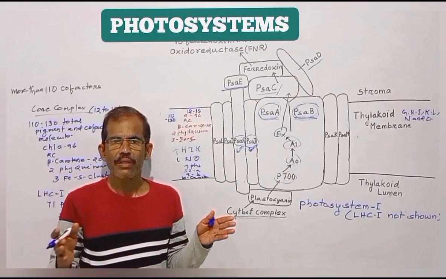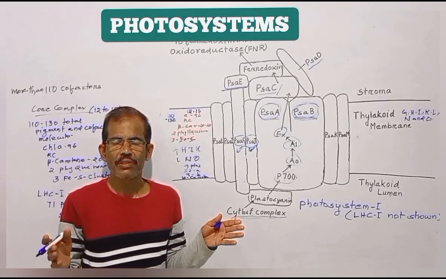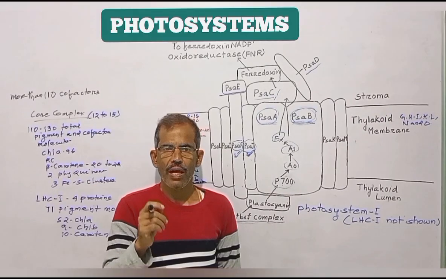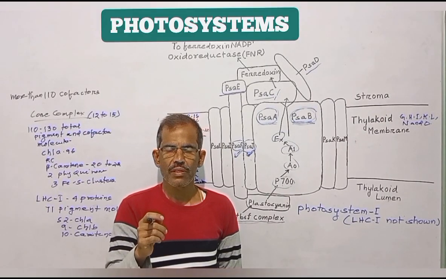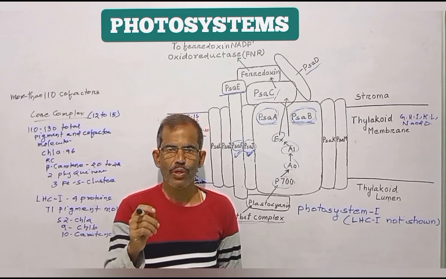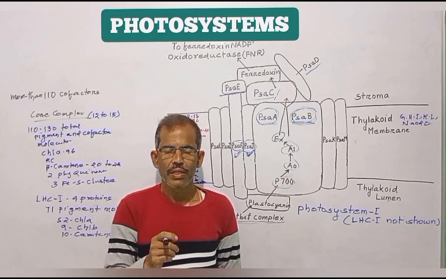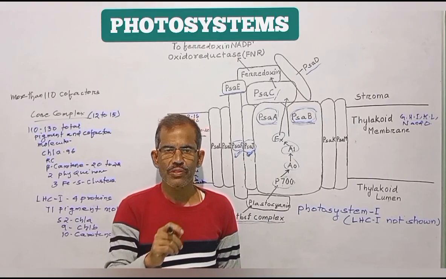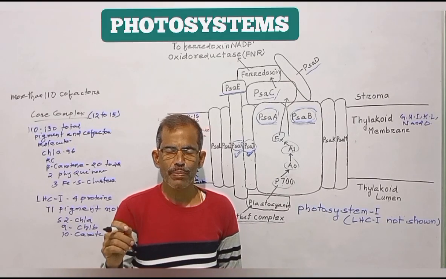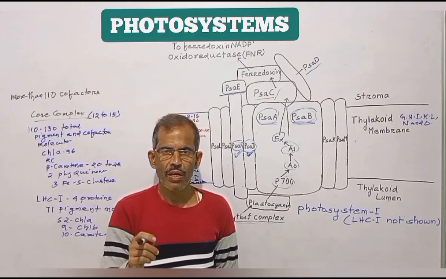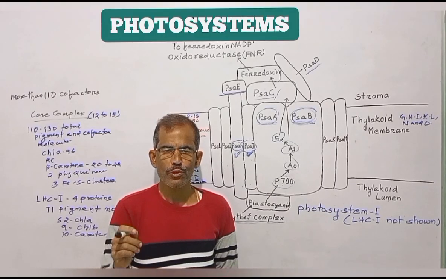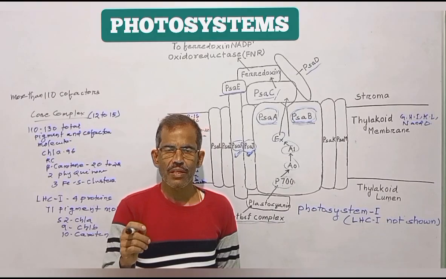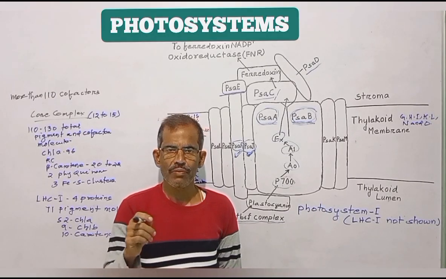The second part of photosystem 1 is the light harvesting complex, LHC1. The light harvesting complex doesn't surround the entire core complex. Instead, it is arranged around the core in the form of a crescent or belt-shaped structure. The LHC1 is composed of 4 different proteins such as LHCA1, 2, 3, and 4.